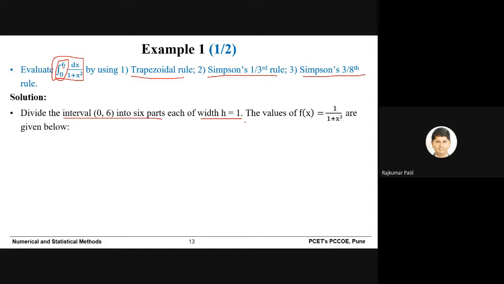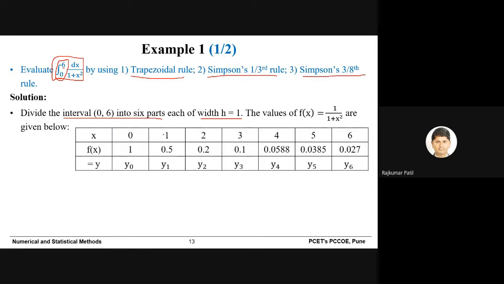Initial value will be 0, that is the lower limit. Then 0 plus h, it will become 1. Then the next value will be 0 plus 2h, so 2. The next values will be 3, 4, 5 and 6.